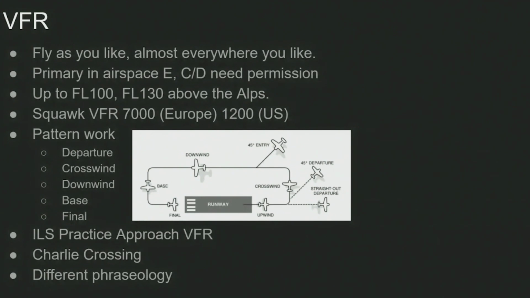But in the Alps area, you are above flight level 100, but Charlie starts at flight level 130. Well, that means that in this 3,000 feet, you can basically fly as fast as you want, as VFR. So what you could do, you can get into a jet, fly to this area, and just do whatever you want there. You can try it out, just some small thing.